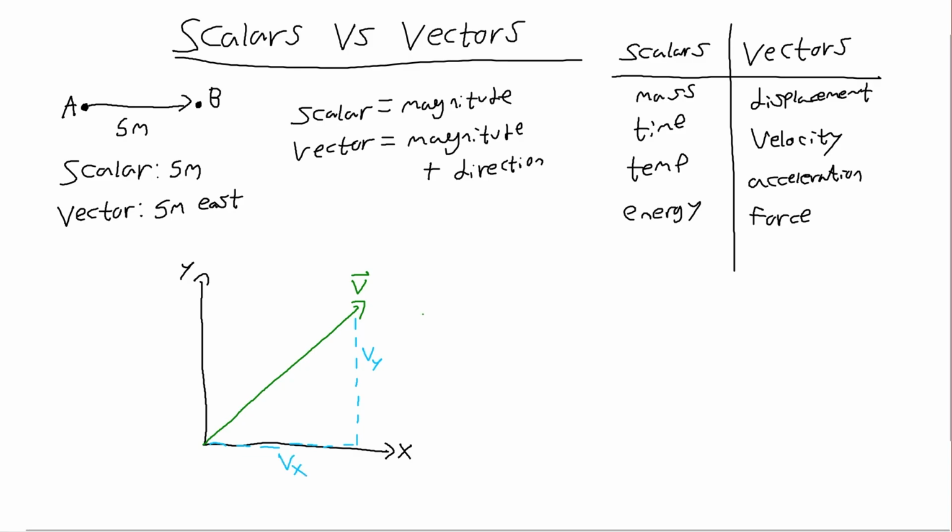So if we wanted to write our velocity vector, we would write it like this, where x hat and y hat here just mean in the x and y direction respectively. Breaking vectors into components like this is going to be one of the most common things we do in this entire course. So in a separate video, I'll go over how to do that.